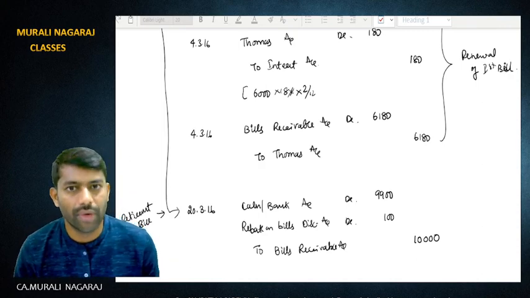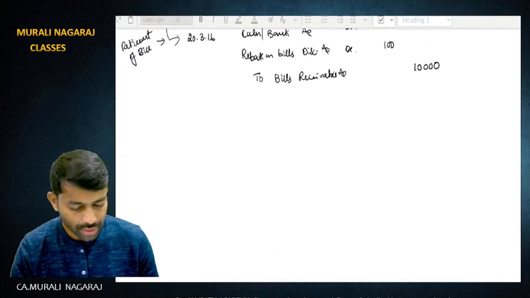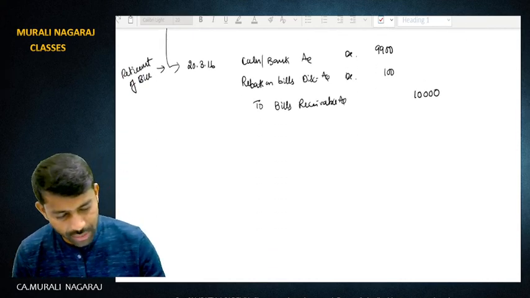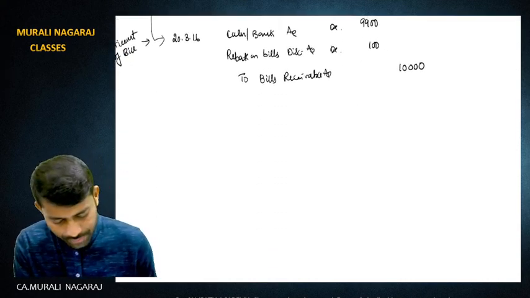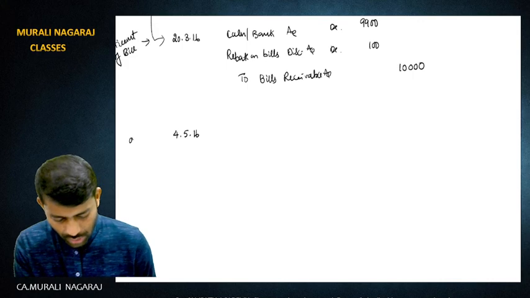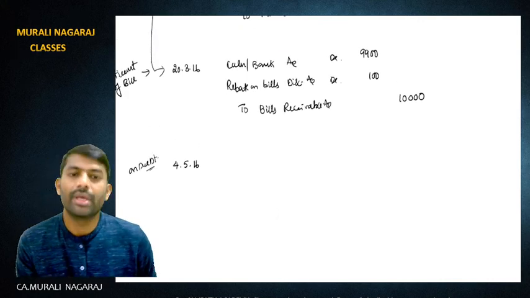So on 4/5/16 he becomes insolvent. I have taken that day, the due date, as the day he became insolvent.